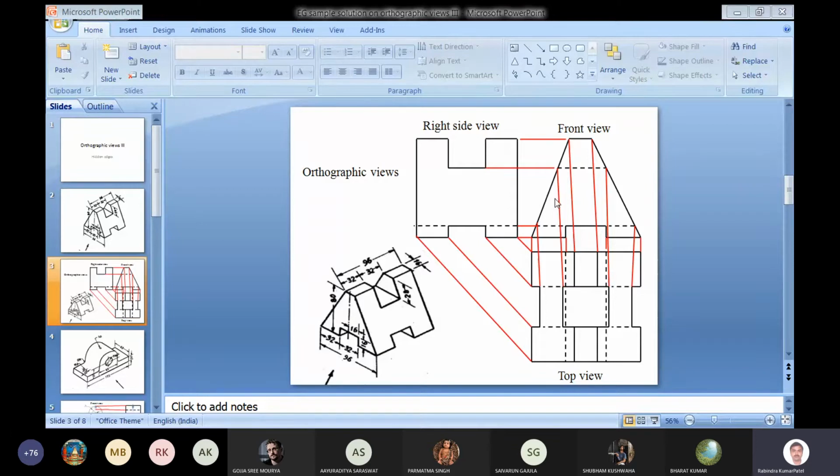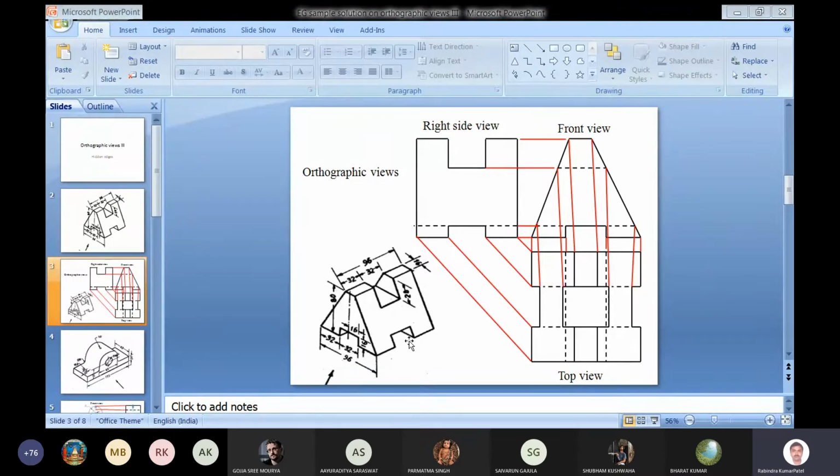In the side view you can see only one dashed line is there, because from the side we can see this slot and these edges. So no hidden edges are coming in this.